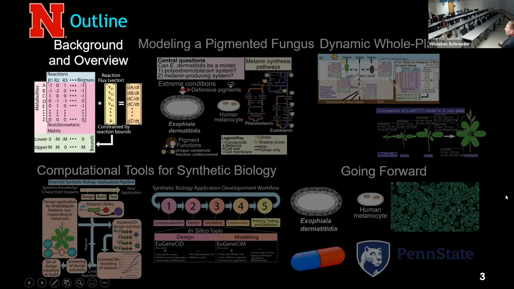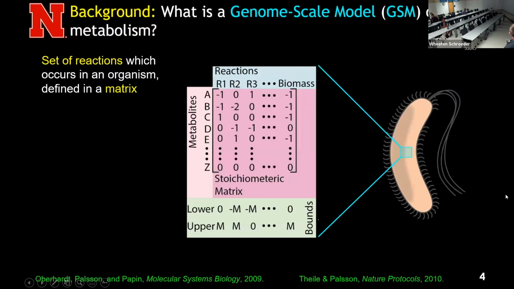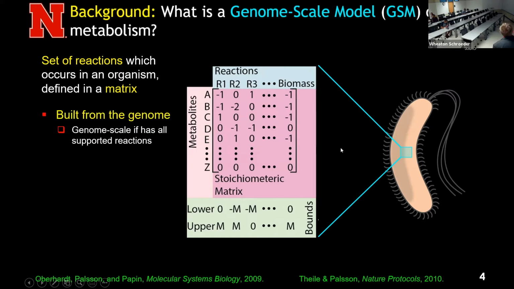So to begin with, let's give a bit of background and overview. The kind of models that we work with are called stoichiometric models. They are a set of reactions which occur in an organism, and we'll define that in what is called a stoichiometric matrix, where we give stoichiometric coefficients in this matrix between metabolites and reactions to establish linear relations between the two.